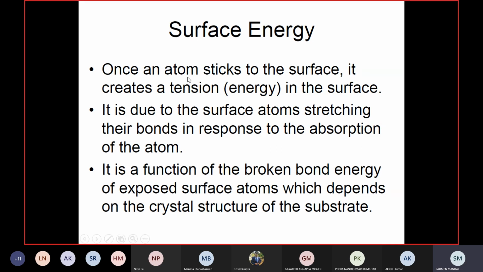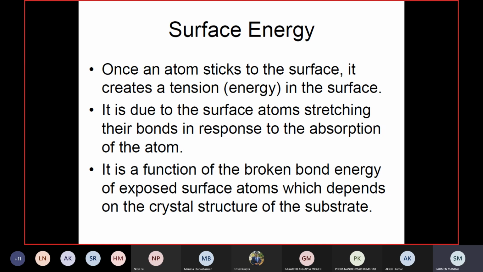So in this case, what is happening? Once atoms stick to the surface, it creates a tension in the surface and ultimately it changes. It is due to the surface atoms stretching their bonds in response to this absorption of the atom. It is a function of the broken bond energy of these exposed surface atoms, which depends on the crystal structure of the substrate. So that is important.